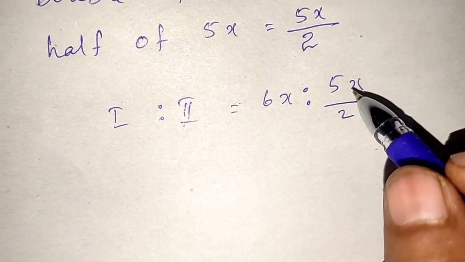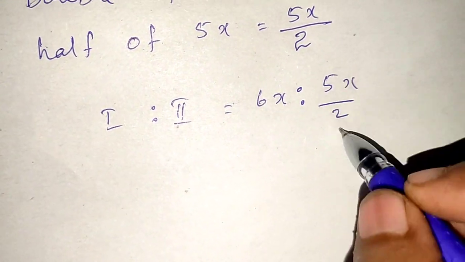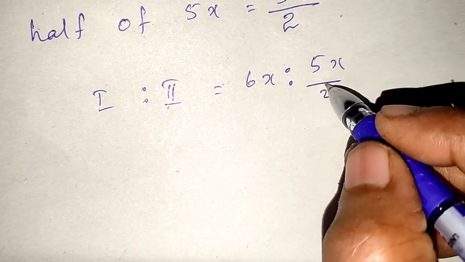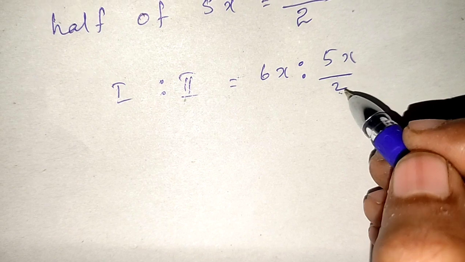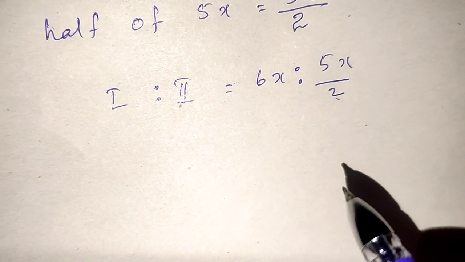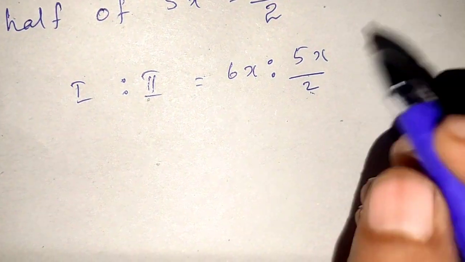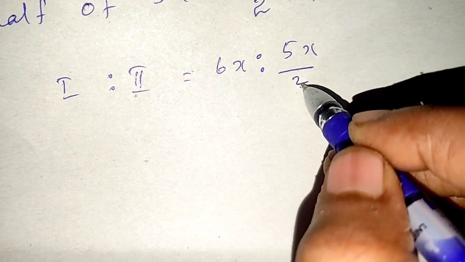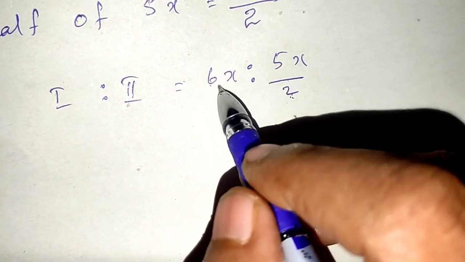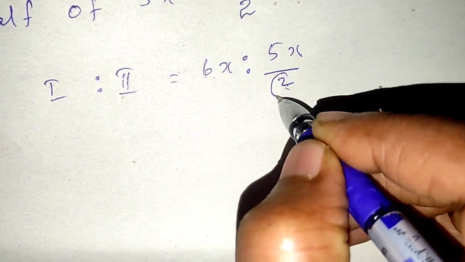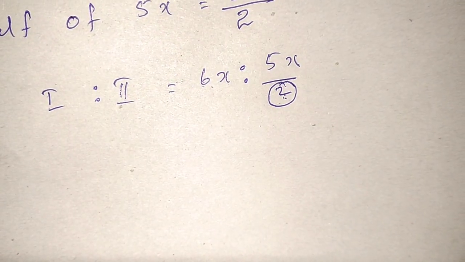See, ratios are never written in fractional form, so we need to remove this 2 in the denominator. To remove the denominator 2, we need to multiply each number in this ratio by 2.